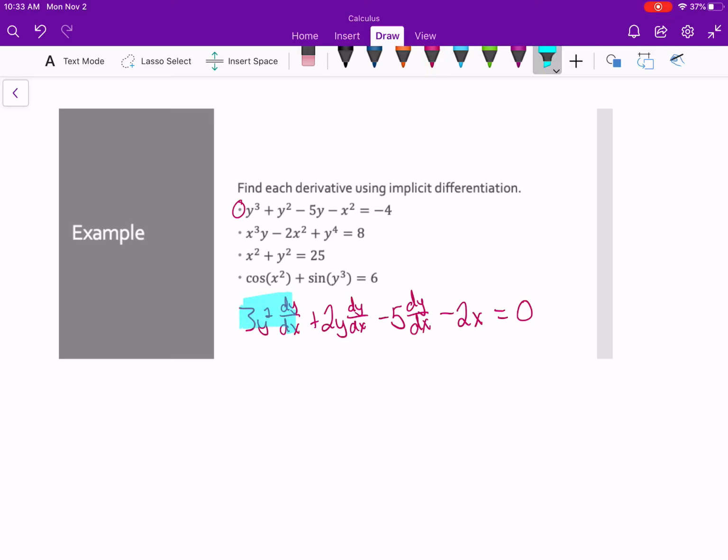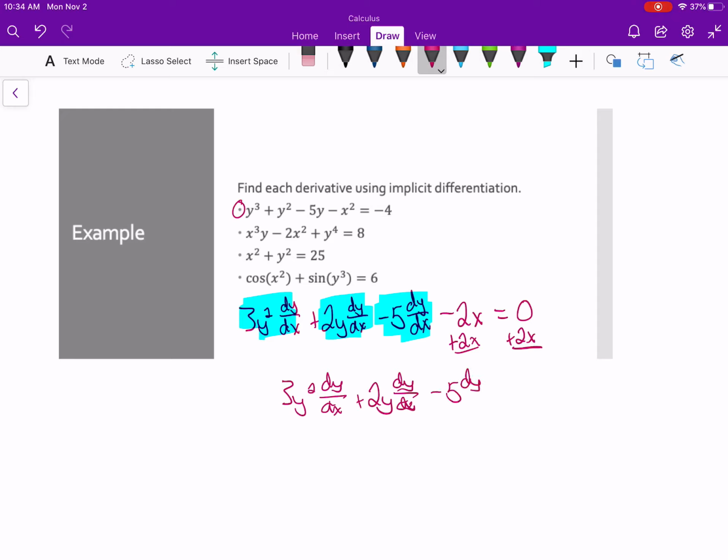So I have 3 terms that have a dy dx. I want to get rid of everything that doesn't have a dy dx, so I'm going to add 2x to both sides. Now we have 3y squared dy dx plus 2y dy dx minus 5 dy dx equals 2x.